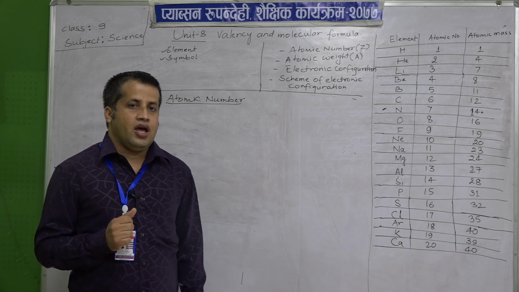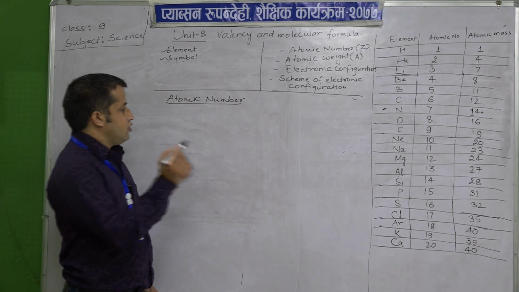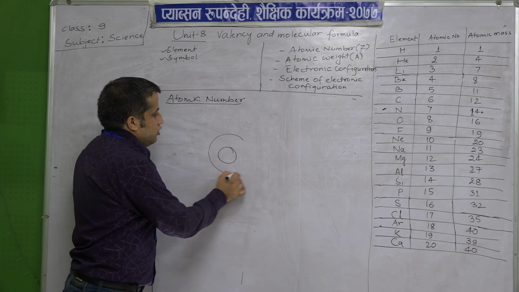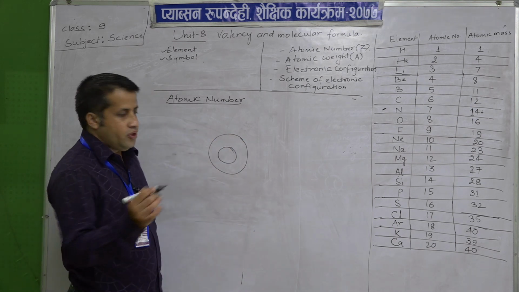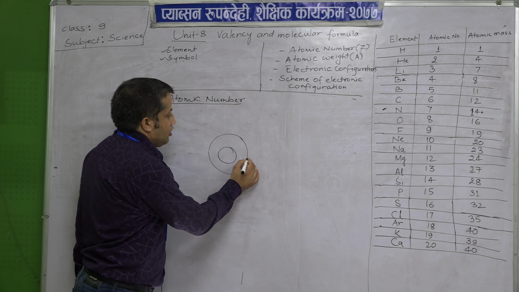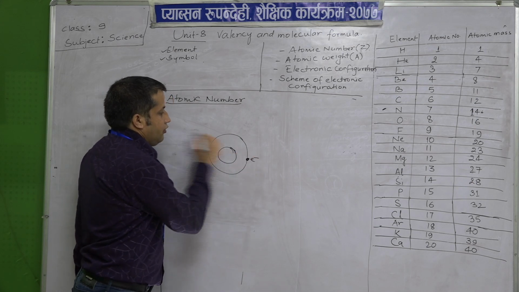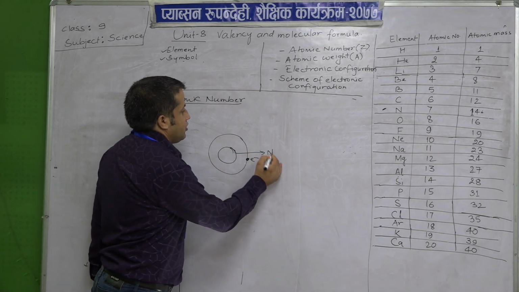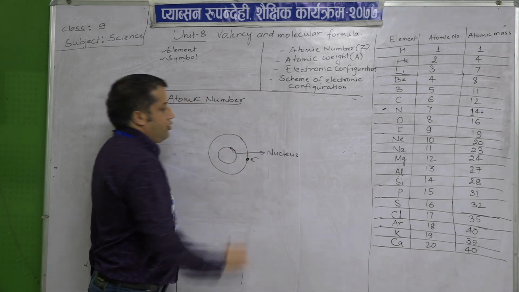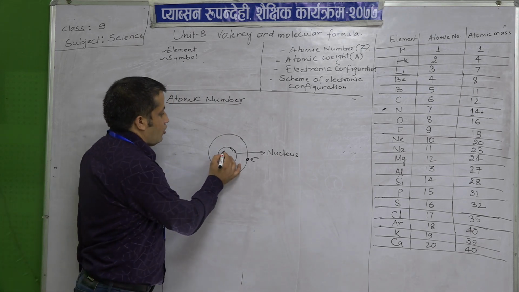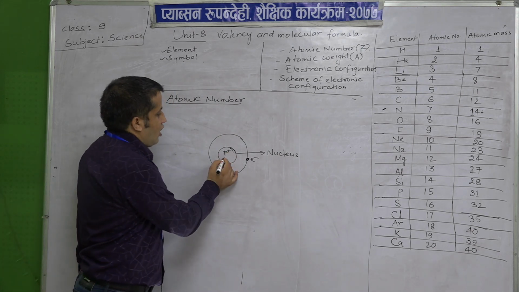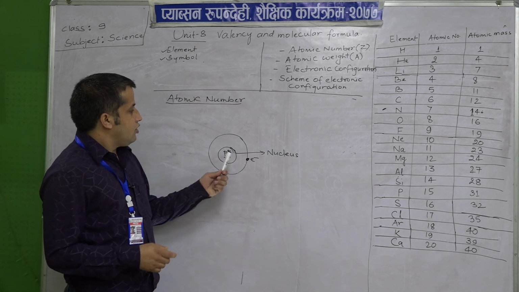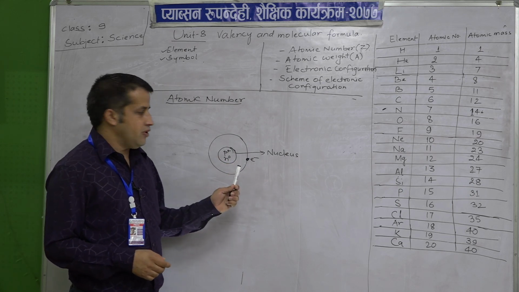An atom is composed of a nucleus, and around it are orbits in which the negatively charged electron revolves. At the center of an atom, the nucleus, lie the proton P plus and the neutron N naught. This we have already studied in the previous class.